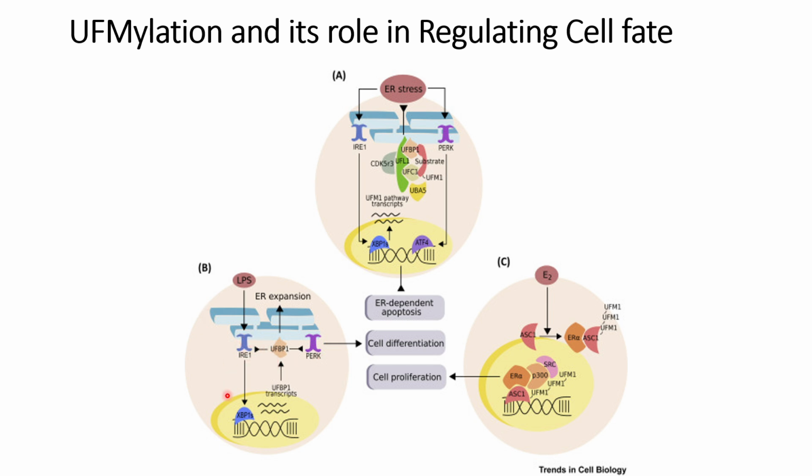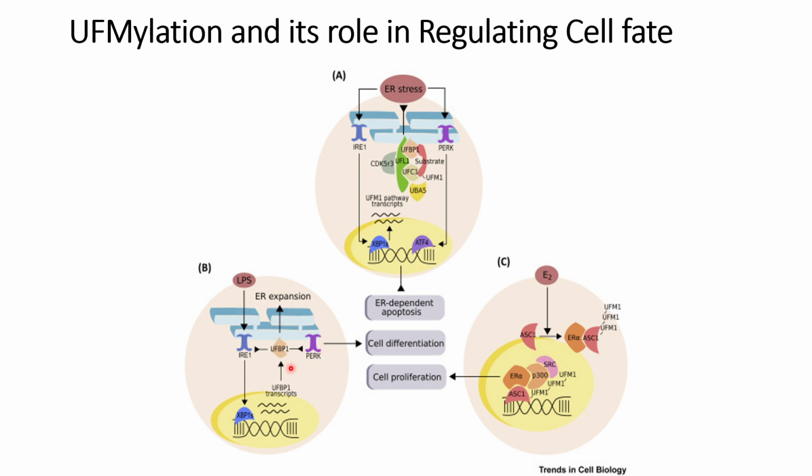So you can consider this as a cycle process, that is, when the ER stress is there, then the XBP1 will cause UFBP1 production, and then it will suppress IRE1. So in this cycle process, what will happen is it will allow the ER to expand during this cycle of ER stress induction and ER stress suppression.